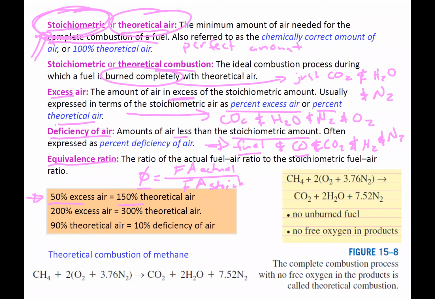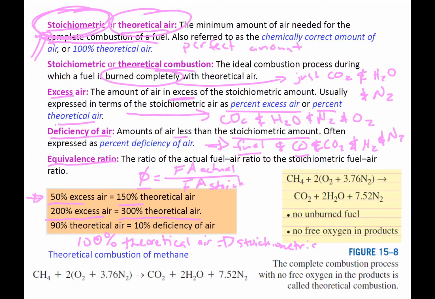Or 200% excess air means we're at 300% theoretical air. Again, 100% theoretical air is the stoichiometric. Okay.